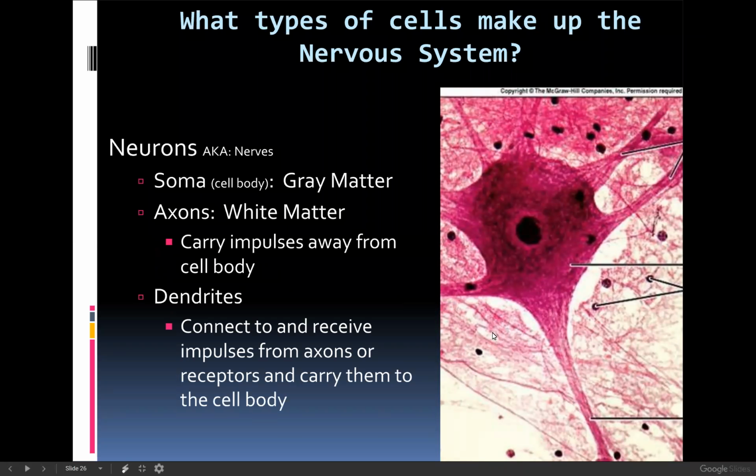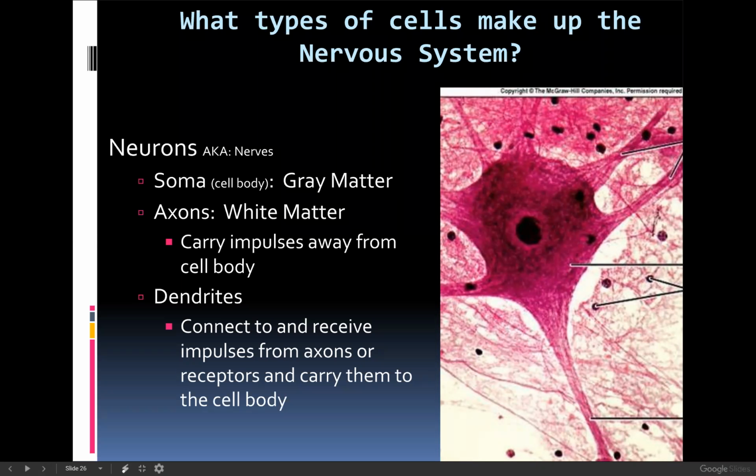That's the big part in the middle. Collections of somas make up the gray matter. So when we talk about gray matter of the spinal cord or gray matter of the brain, that's a collection of cell bodies in one spot.